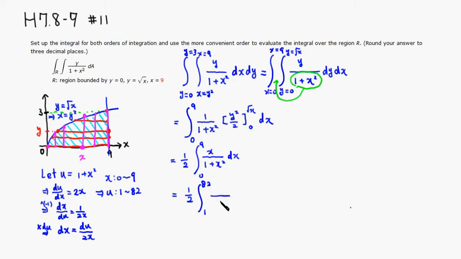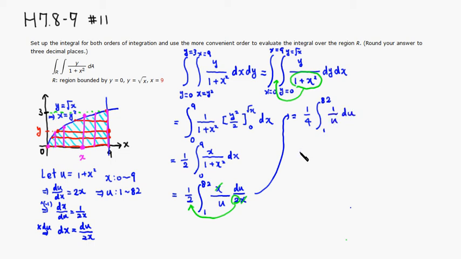Then you have a u here, and x, but the dx is du over 2x. So we can cancel the x and x, and the 1 over 2 placed outside becomes 1 over 4. So it's 1 over 4 times the integral from 1 to 82 of 1 over u du.